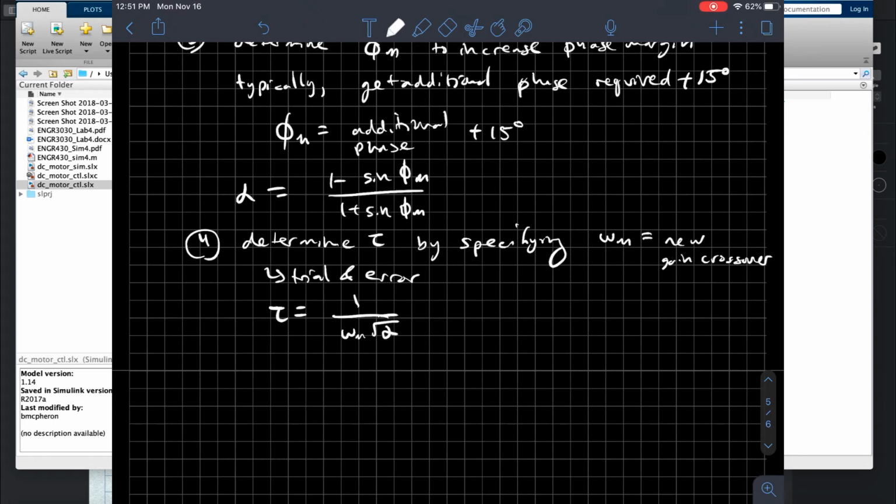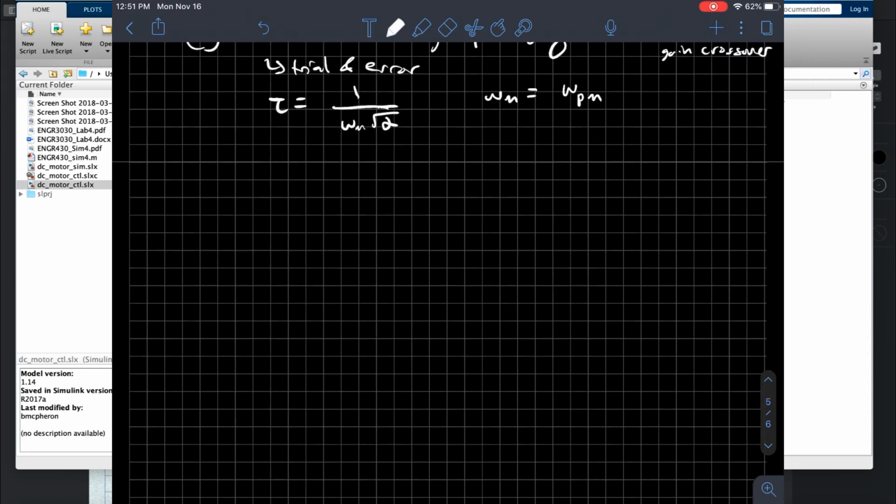Typically what I do is I start with the value omega m equal to omega pm and then work from there. I will iterate if needed if I don't meet the requirements I want. At this point what I'd like to do is apply this to an example.